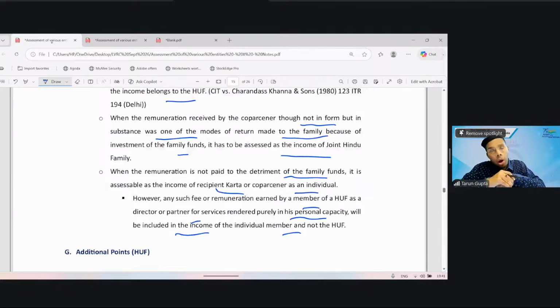However, if it is proved that it is on account of personal skill, knowledge, experience of the member, and the investment plays a very minor role, then such amount shall be taxable in the hands of such member only. Okay.